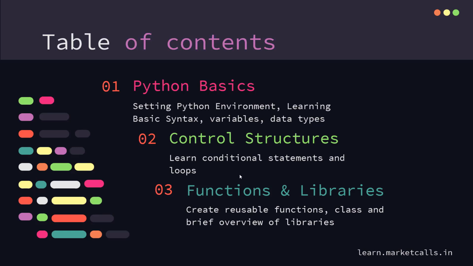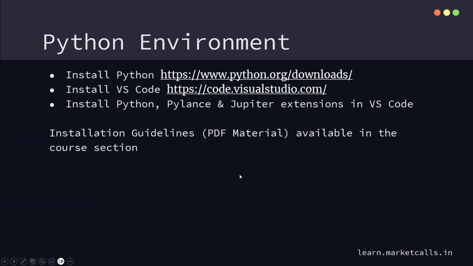And talking about Python programming, obviously you need to install the Python environment. This is the environment which I am using. First of all, you have to install Python from python.org/downloads, and you have to install VS Code. Throughout the series, I'm going to use VS Code, and in some places, if required, I'll also use Google Colaboratory. You also have to install the Python, Pylance, and Jupyter extensions. I have also given a document about that.